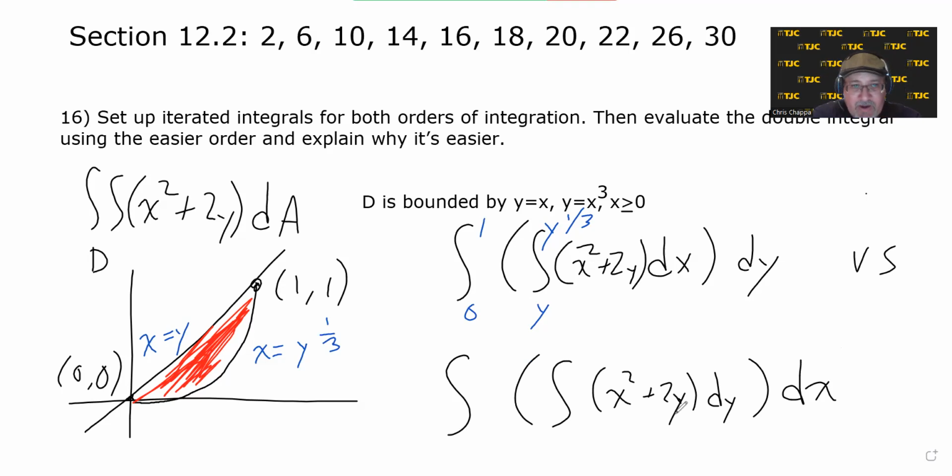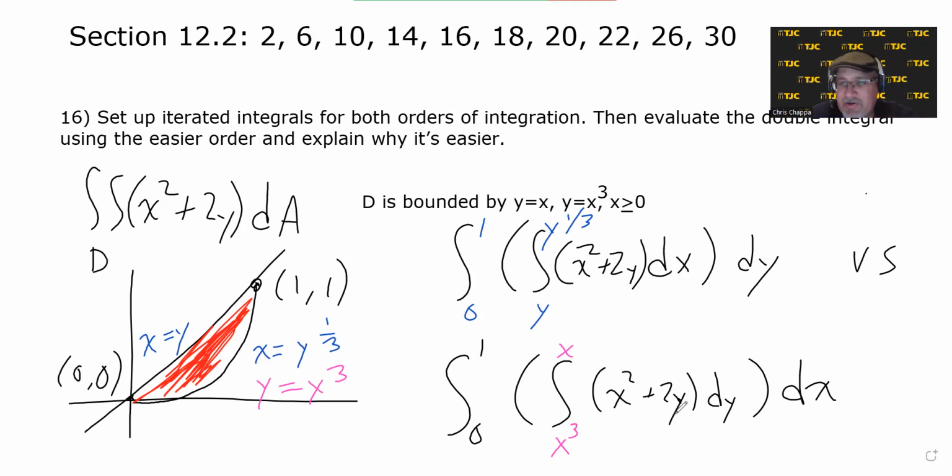The x's were left to right, the y's were bottom to top. On the bottom of the lamina, we have y equals x cubed. We were given that. And on the top of the lamina, we have y equals x. Then the x's, constants from left to right, are from 0 to 1.